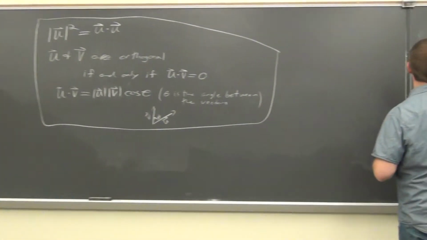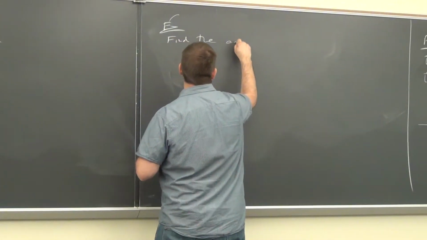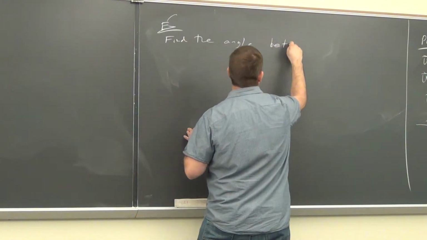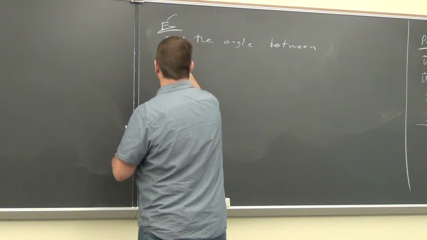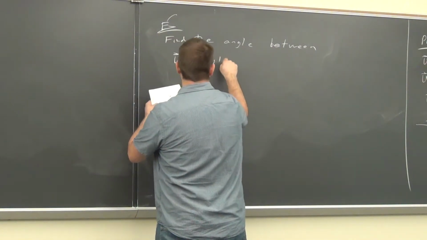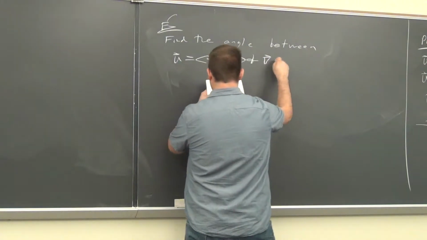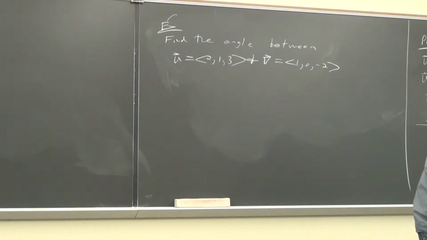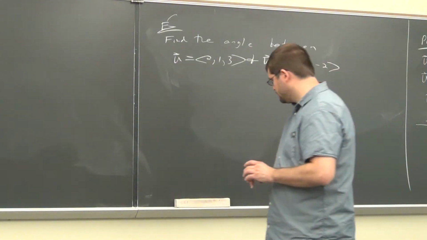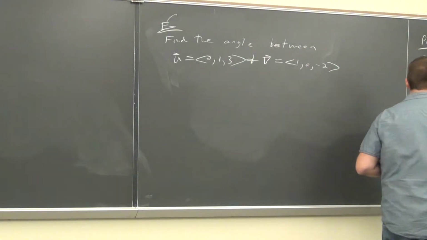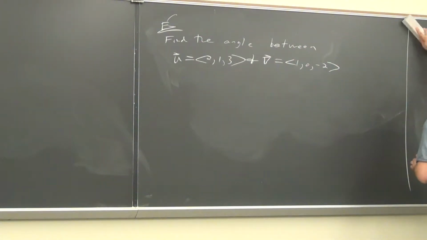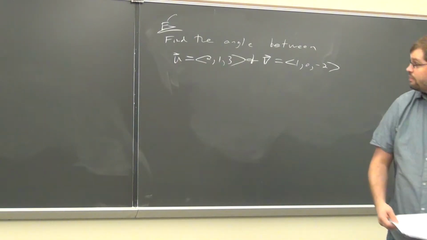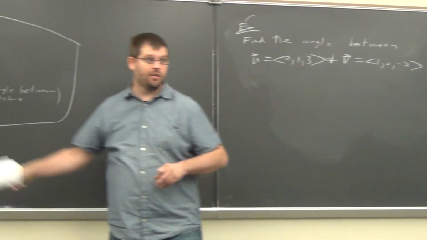So find the angle between these two vectors. So you're just going to use this formula, right? And then solve for theta.